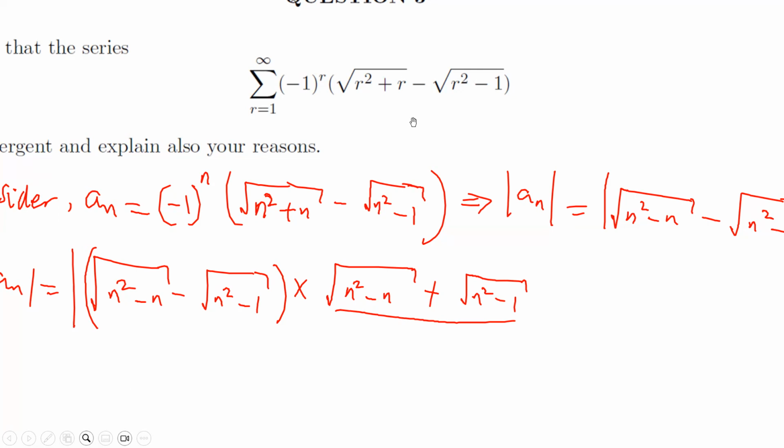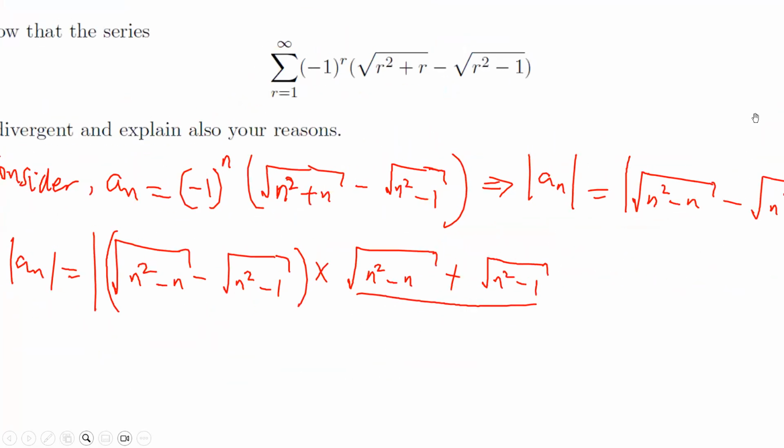Since we can't, we are in a position to take the limit of this by rationalizing first.